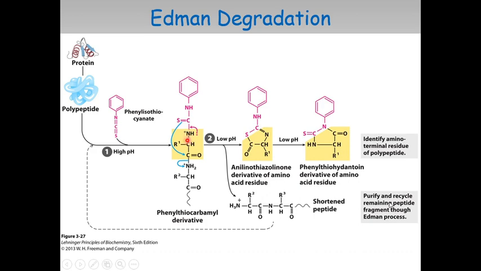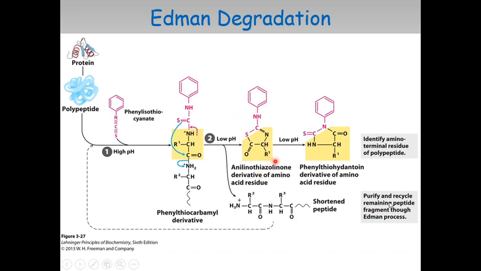The lone pair on this specific nitrogen moves in, and this nucleophilic sulfur attacks the first carbonyl of this peptide and pushes out the rest of the polypeptide, thereby forming this anilino-thiazolinone derivative of this amino acid.